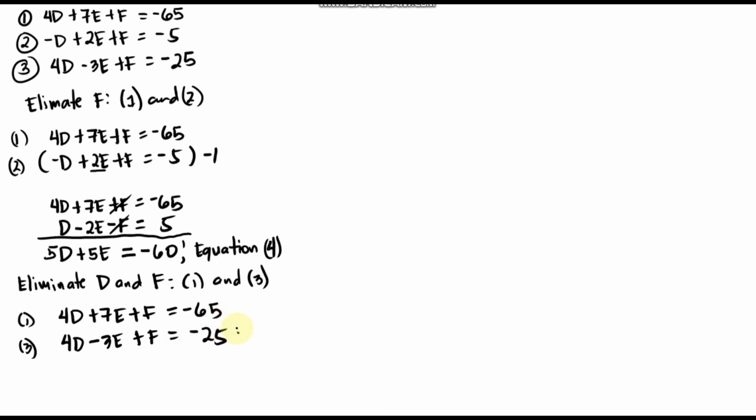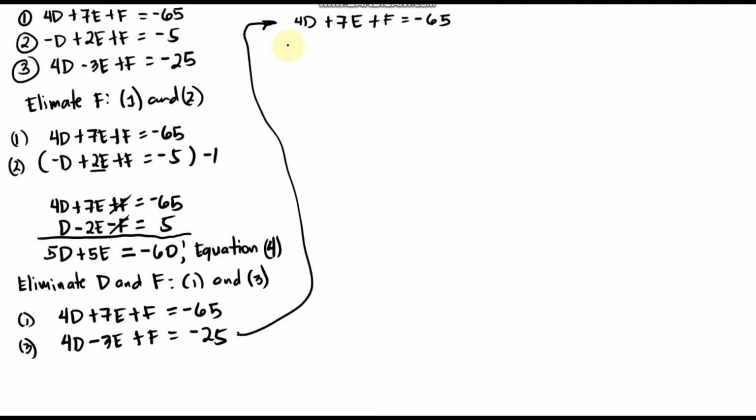So how to eliminate the value of d and f? So tingnan natin. So equation 1, 4d plus 7e plus f equals negative 65. Then ang equation 3 is 4d minus 3e plus f equals negative 25.